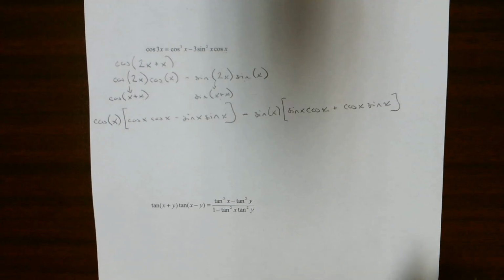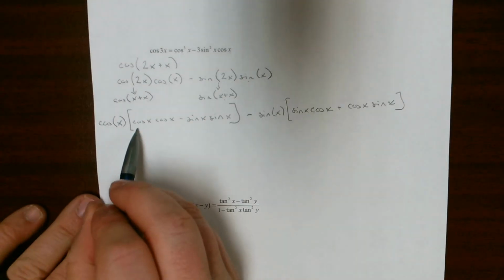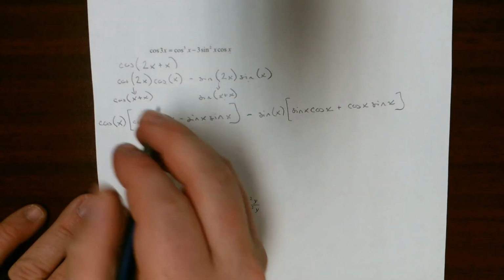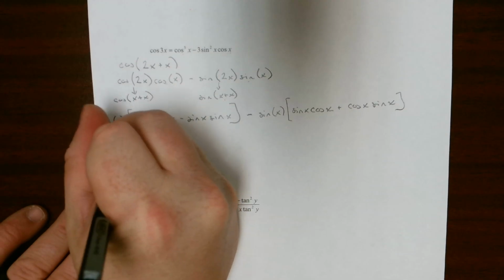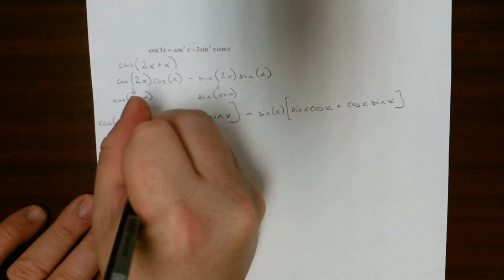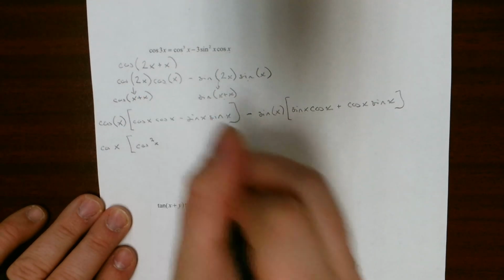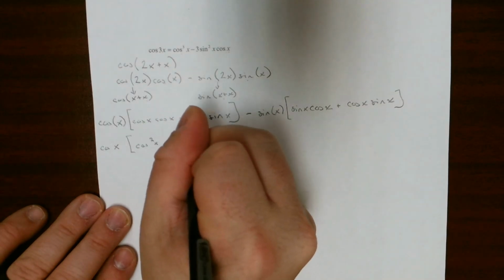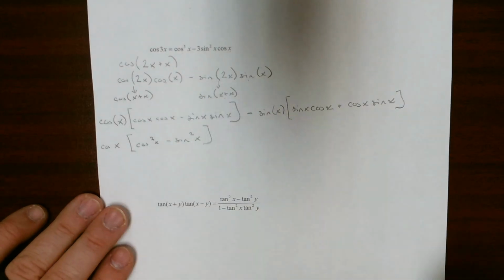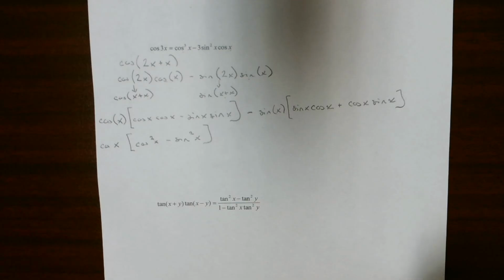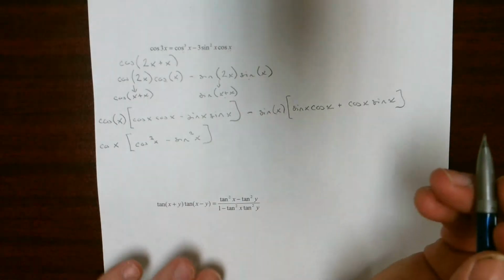Now, if we look at it, let's just start simplifying and follow some basic algebra. Okay, this is going to be cosine x times cosine squared x minus sine squared x. Sine times sine is sine squared.